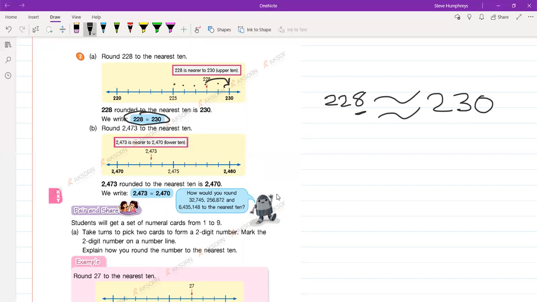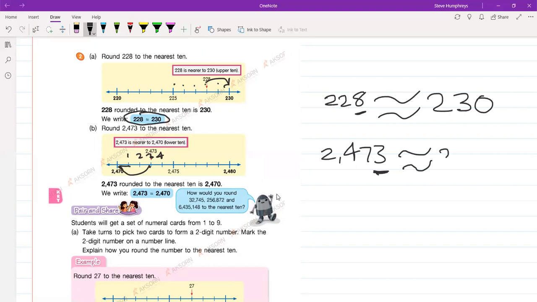And then we have B, example 2,473. Looking at the last digit, round it to the nearest multiple of 10. 3. If the last digit of your number is 1, 2, 3, or 4, you're going to round it down.